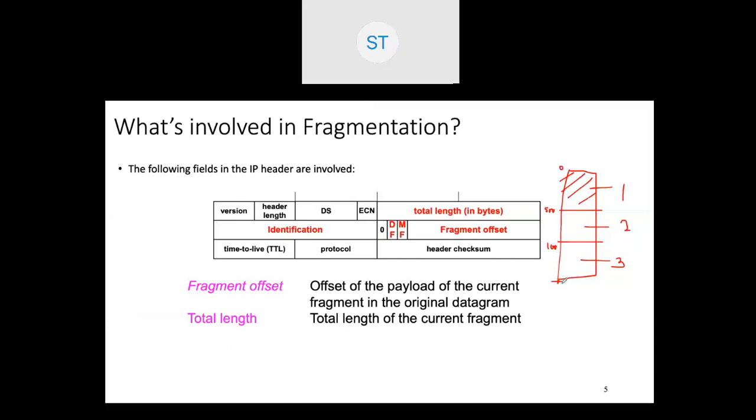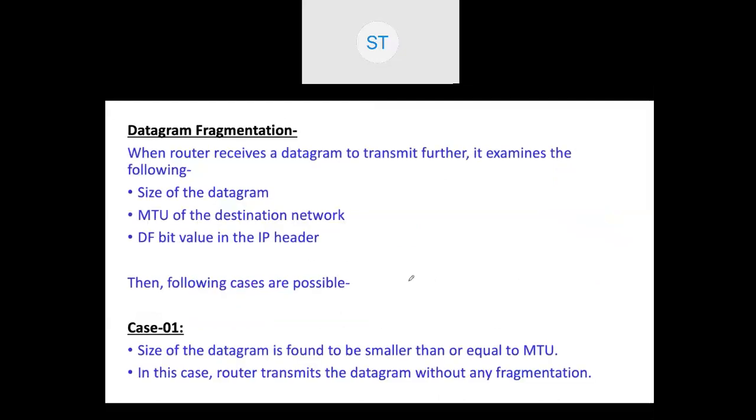This gives the offset value, so that at reassembly it will rearrange the packets in that order. And total length gives the information regarding the current fragment's length, because the 3 segments may not be of equal size, here it becomes 300, for example. So it should be known to the other side.